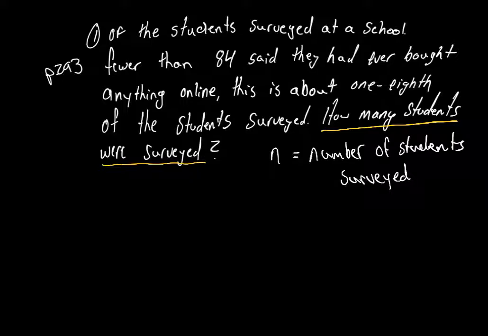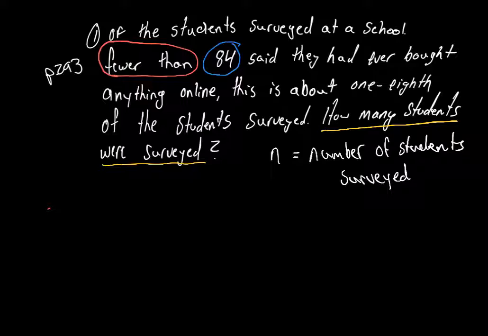Fewer than 84 said they had ever bought anything online. If you look at that, fewer than is kind of what we've been talking about. So that's important. I'm going to circle that. 84 is a number that I could possibly use. Said that they had ever bought anything online.